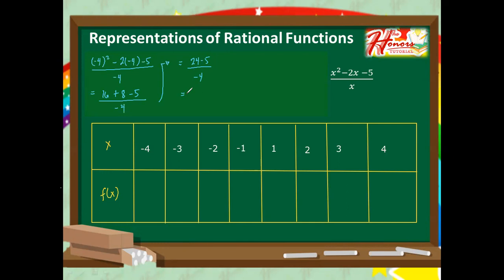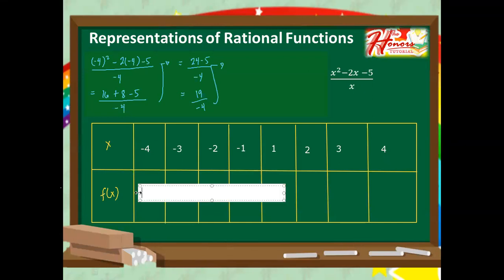We have here 24 minus 5, that's positive 19 over negative 4. Again, for us to easily determine and plot negative 19 over 4, we have to divide it and it will become 4.75. So we will write here 4.75. Don't forget to write the negative sign because we divided a positive and a negative number.